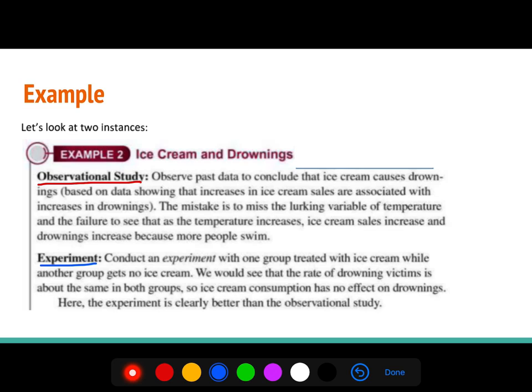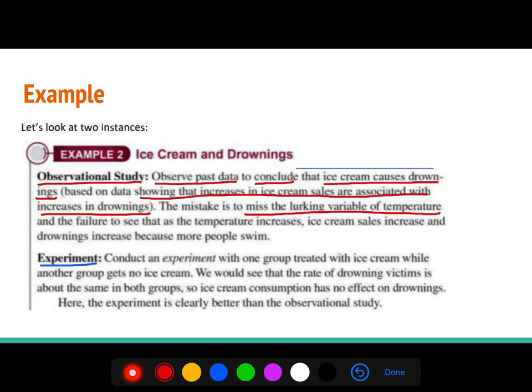Okay, so here are two instances. One's an observational study, and one of them is an experiment. It's the same idea here. It's about ice cream and drownings. In the observational study, all they did was observe past data, and they concluded that ice cream causes drownings. What did they base this on?